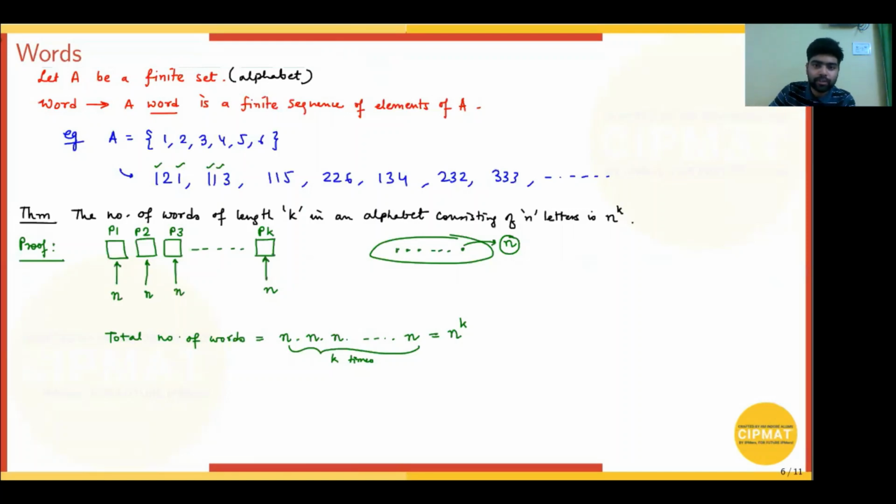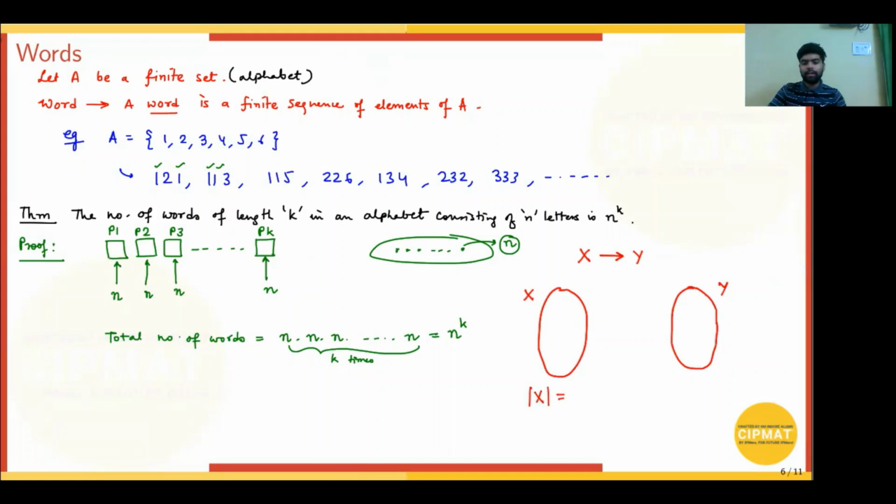Suppose there is a relation from two sets x to y. Let's say that I have one set which is x, and I have another set, let's say that is y. And let's say the number of elements in x is equal to k, and the number of elements in y is equal to n.